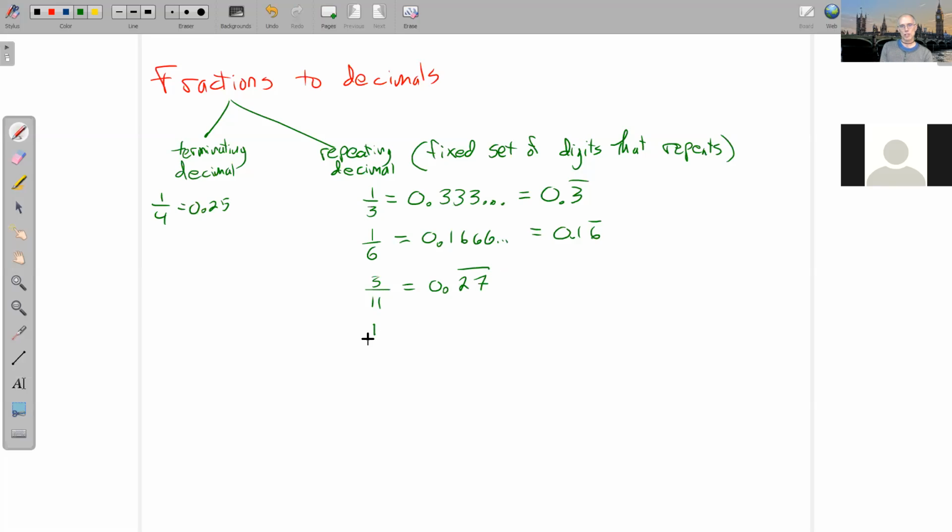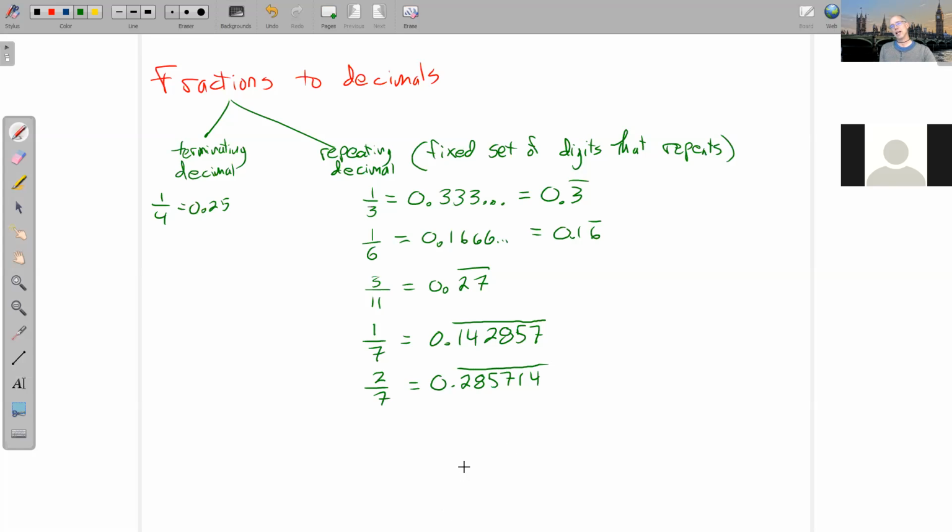And 1/7 is 0.142857, and all 6 of those digits repeat over and over again. Cool thing about sevenths is 2/7, you may have seen this in your spreadsheet, is the same set of digits, but they start in a different place. It starts with the 2, 8, 5, 7, and then picks up the 1, 4, which is kind of neat.